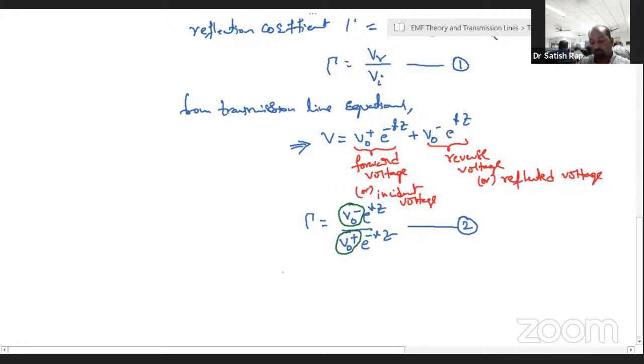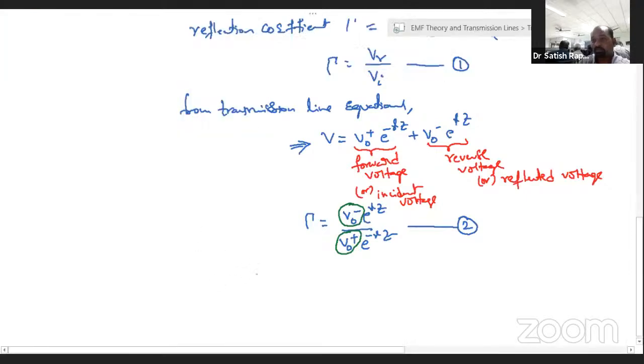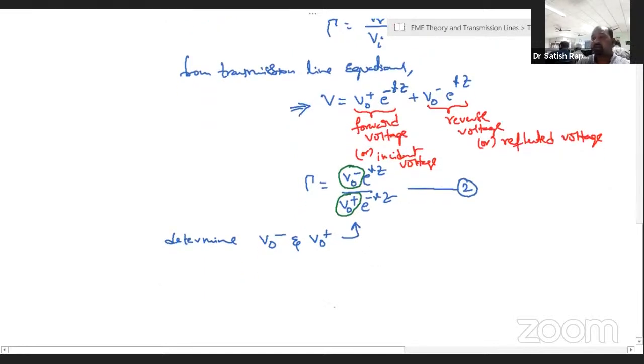Therefore, determine V naught minus and V naught plus, and substitute in the above equation. We will get the final expression for the reflection coefficient.